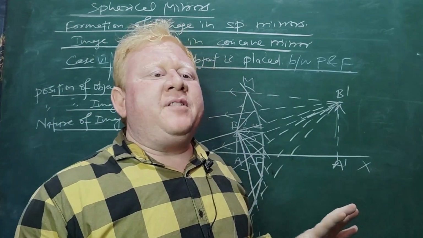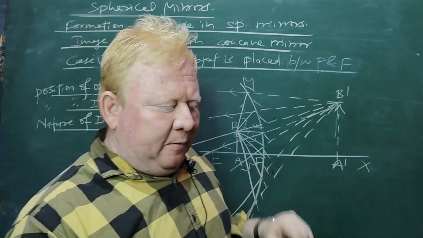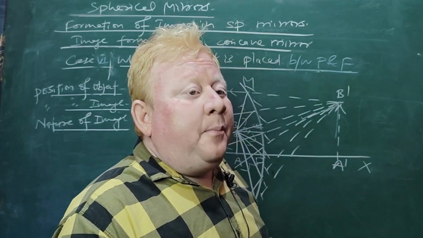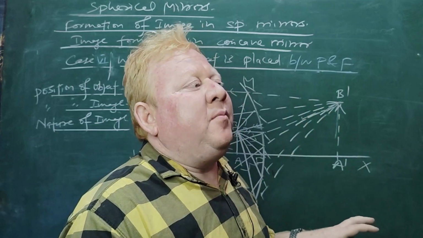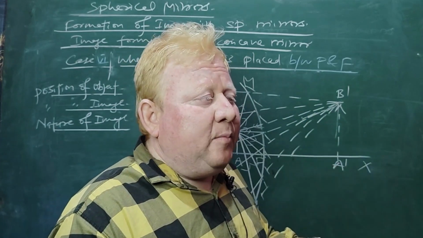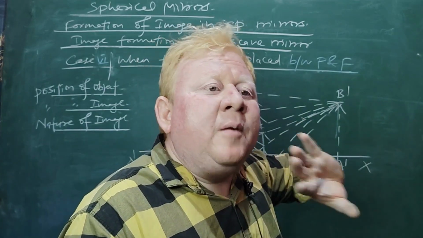So in concave mirror, we have seen how the nature of image varies depending upon the position of object, of course, placed in front of the mirror. Okay, so what are the characteristics of the image formed of an object when placed in front of the mirror? It depends only upon the position of object.